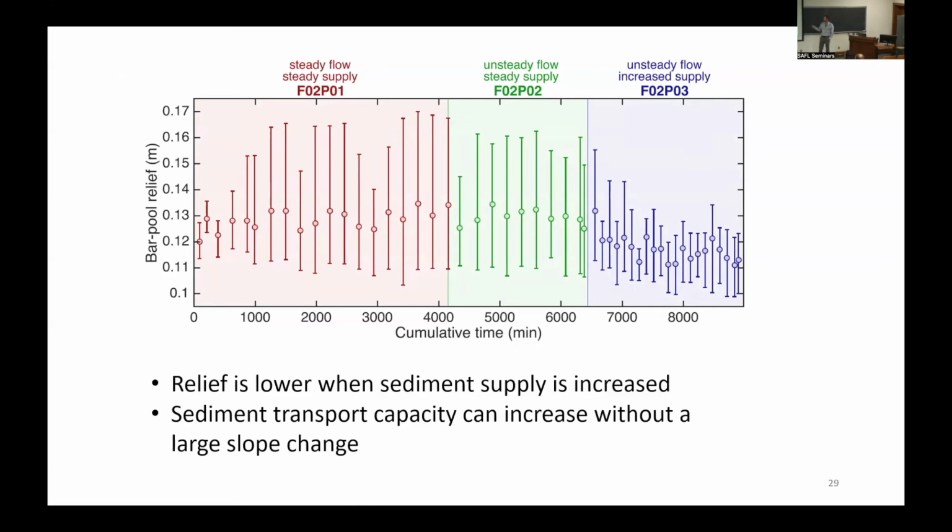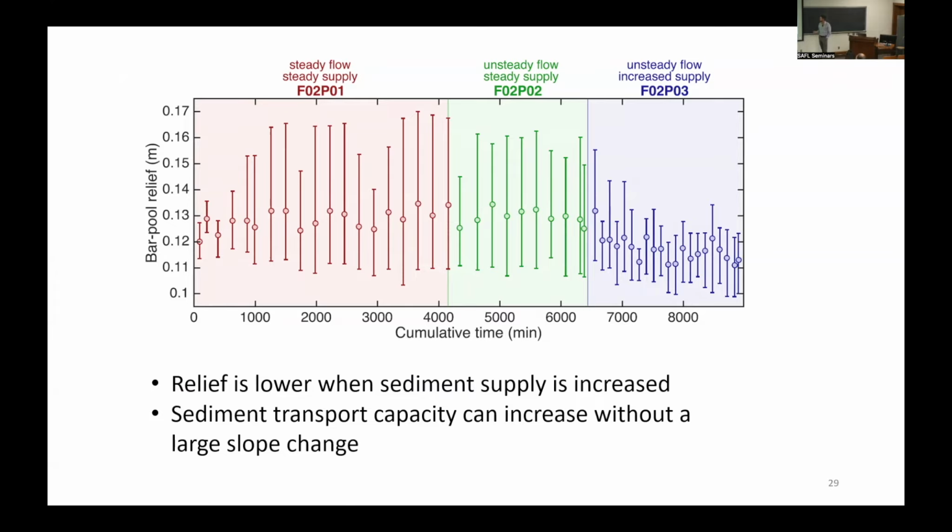But then from phase 2 to phase 3, when we doubled the sediment supply, the bar pool relief really takes a step down. It becomes less relief, less of a change in the elevation from bar tops to pools. So we have a combination of a smoothing out of the lateral topography and a smoothing out of the longitudinal topographic variation represented by bar pool relief when we doubled the sediment supply.